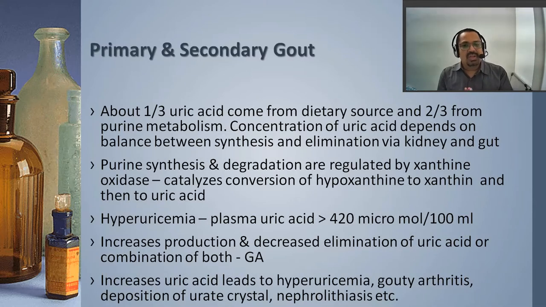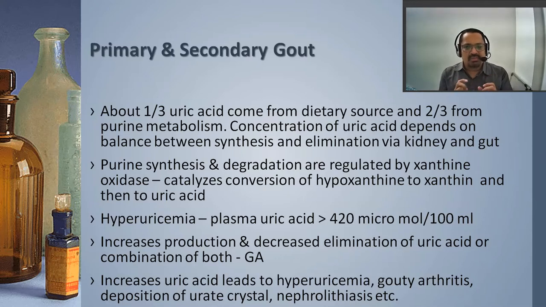About 1/3 of uric acid comes from dietary sources, whereas 2/3 is from purine metabolites. These are the two sources of uric acid inside the body, and it leaves by urinary excretion. So the concentration of uric acid inside our body will be the balance between synthesis and elimination via the kidney and the gut. Purine synthesis and degradation are regulated by xanthine oxidase.